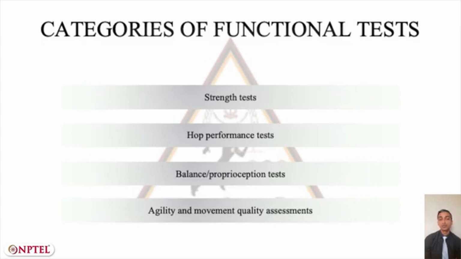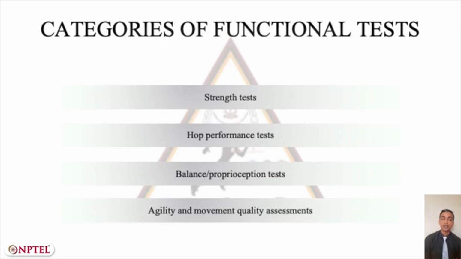This test is used to measure proprioception and postural control, something which is very essential for sporting movements on the field. And finally, we test agility and movement quality. These assessments help us check real-world sport demands. A complete assessment covers all these domains.